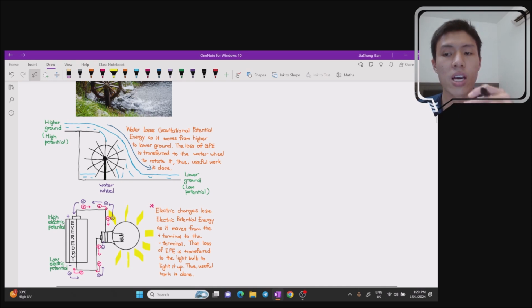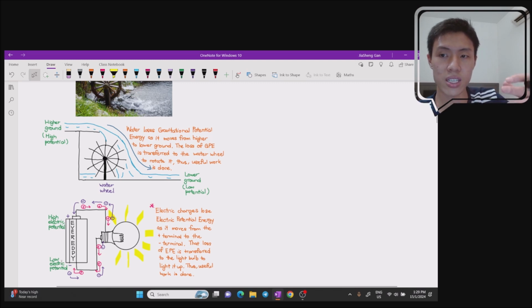Technically, these positive charges will get attracted to the negative terminal because positive and negative attract, so they will naturally want to move from this higher electric potential region. They'll naturally flow to the lower electric potential region, which is the negative terminal. It flows naturally.